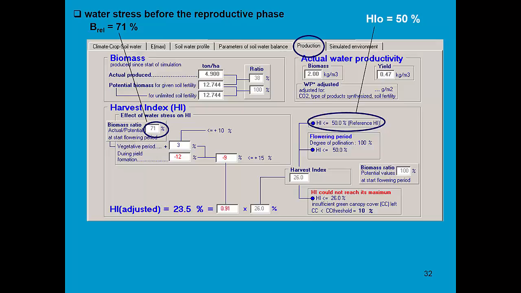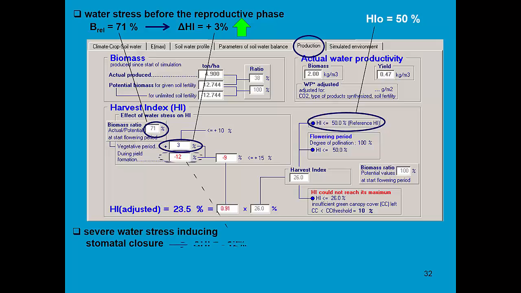The biomass production was only 71% of the potential. For the given crop parameters, this results in an increase of the harvest index of 3%. Secondly, the severe water stress during the yield formation, which induced stomatal closure, resulted in a decrease of the harvest index of 12%.